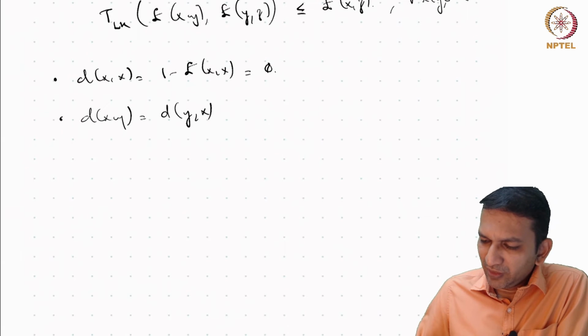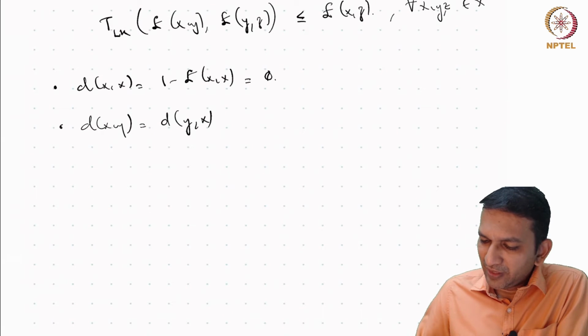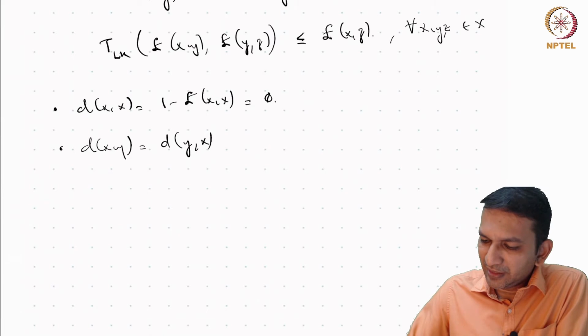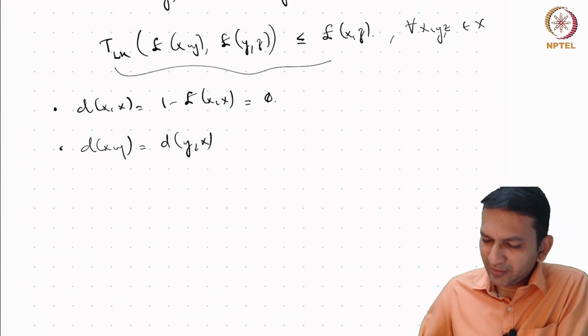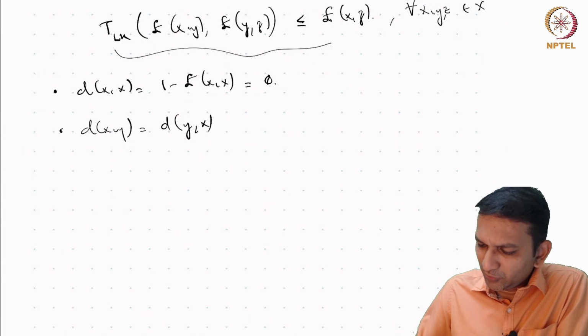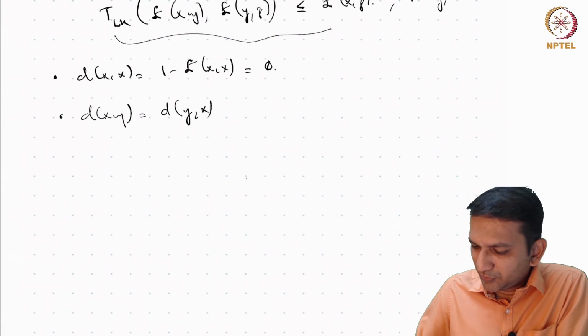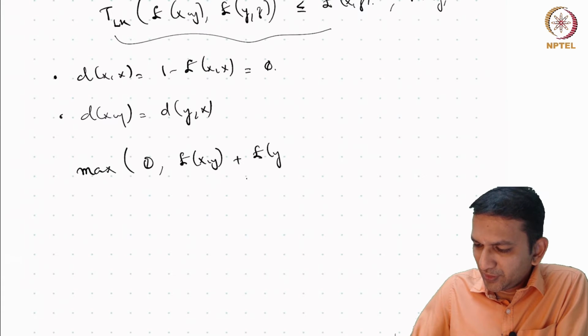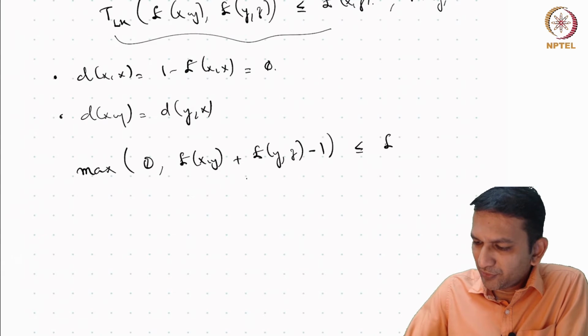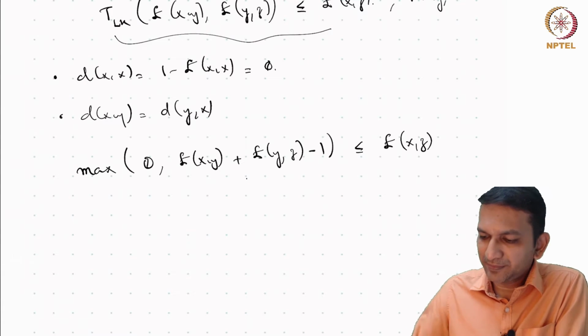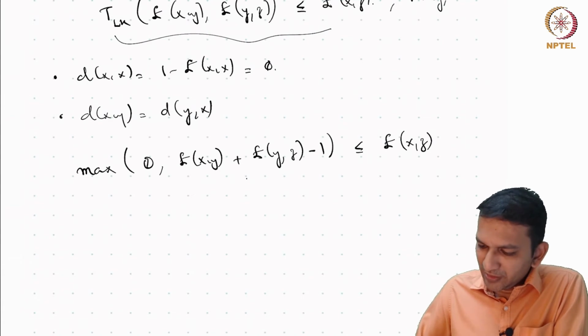Now let's look at this. What are we given? We are given that it is T_LK transitive. That means this property is valid. Now let's translate this. What is this? This is nothing but maximum of 0, e of xy plus e of yz minus 1 is less than or equal to e of xz. What does this imply?